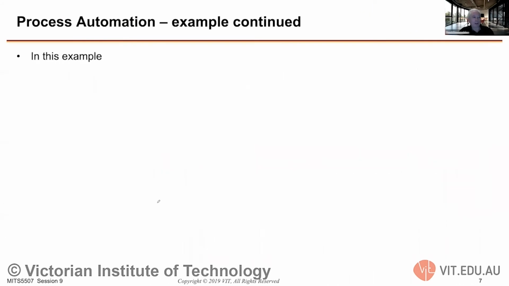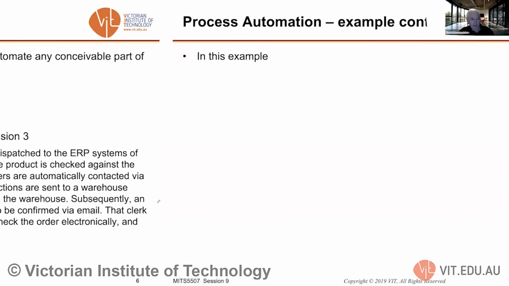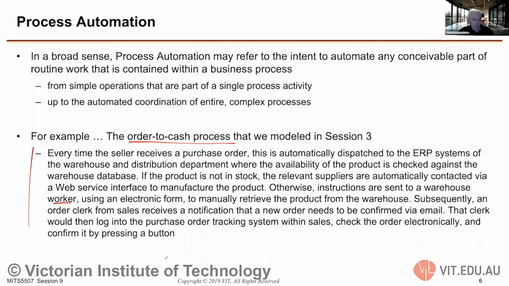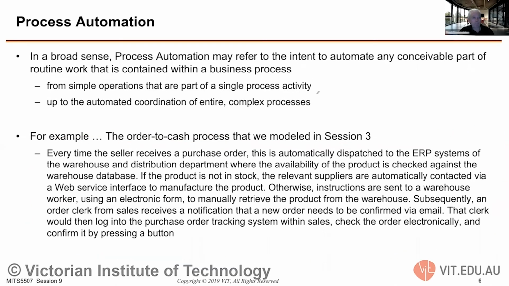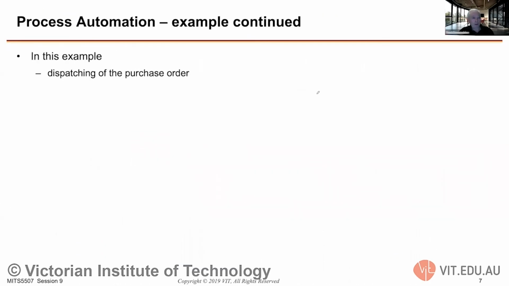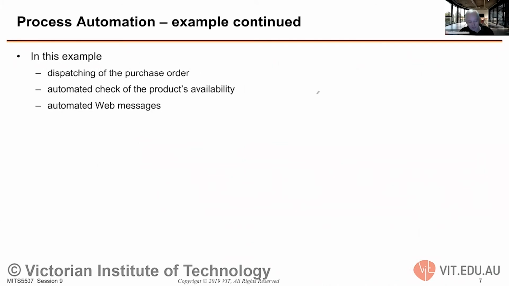In this example, the order to cash process system dispatching a purchase order, the automated check of the product's availability, the automated web message, these are all part of process automation.